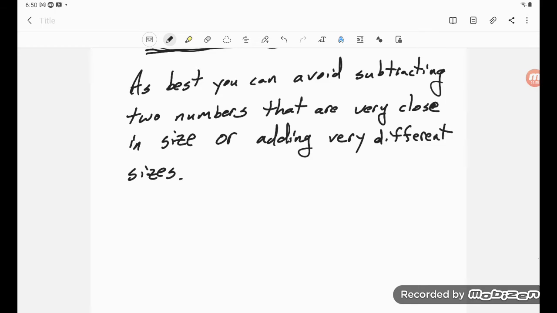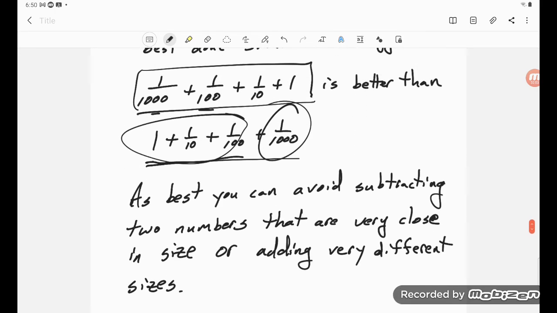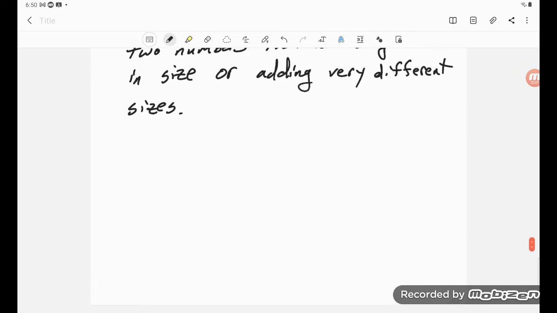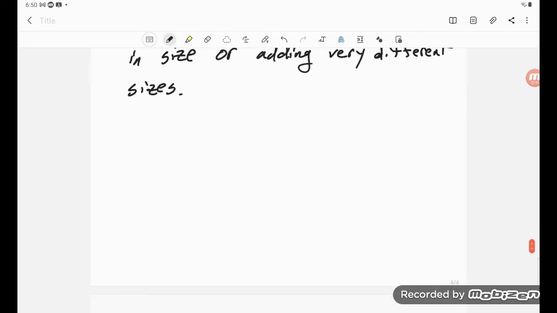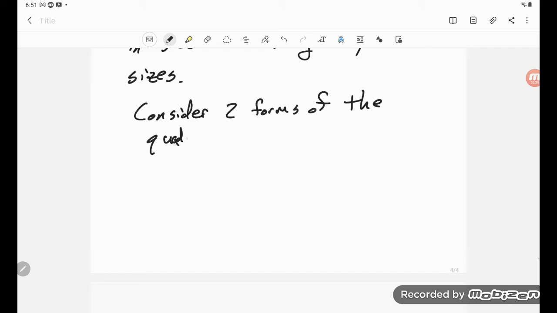So for this, we looked at a particular set of numbers to add there. An example here of avoiding things when you can is consider two forms of the quadratic formula. I bet you didn't know there were two forms of the quadratic formula.